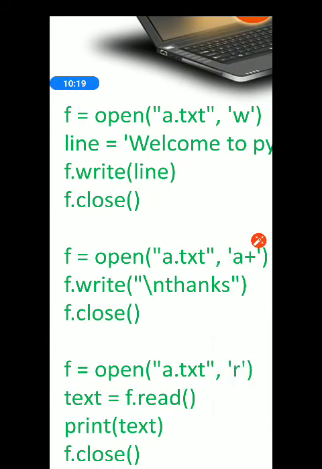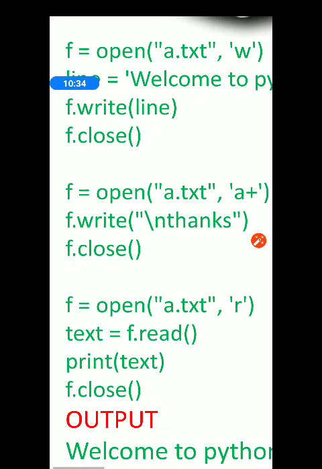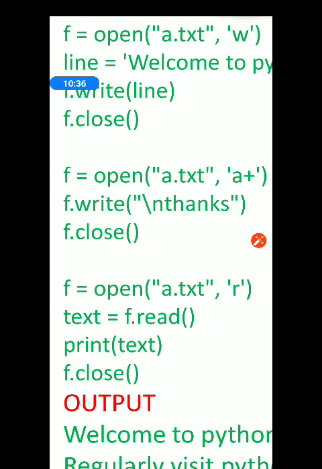So now I am writing f.write, and just a thank you message, giving the \n operator to change the line. So in the last position of a.txt, the thanks content will be written, and then we are closing it. Just open the file for read and see the printing of text.